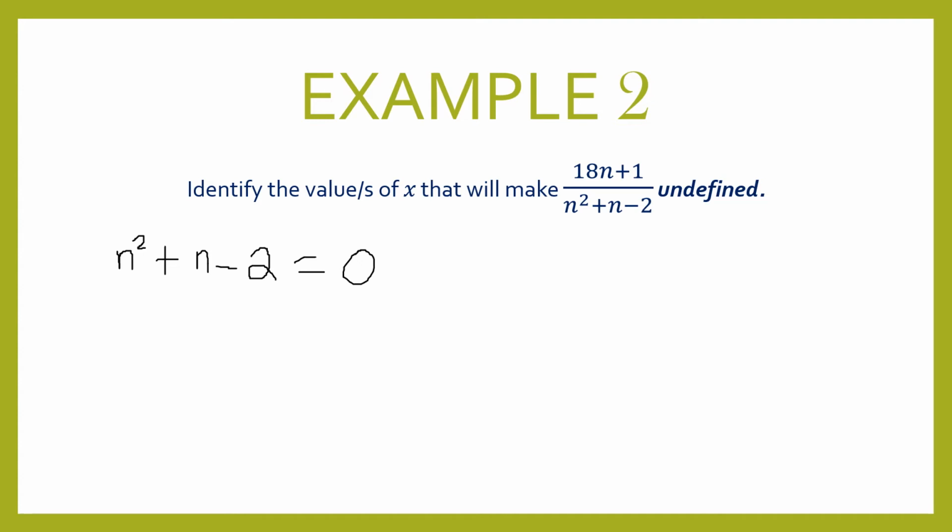Kagaya nung pinag-aralan nyo last time or last module. So, we need to get the factor of this expression. So, since this is a quadratic expression or a quadratic equation, we need to get the factor. So, ano ba yung factor ni n squared plus n minus 2? Paano ba manguha ng factor? Kung naalala nyo pa, last week.